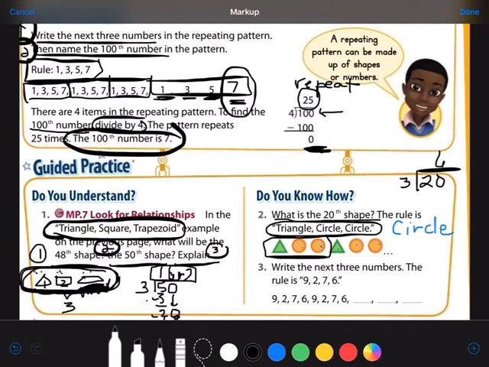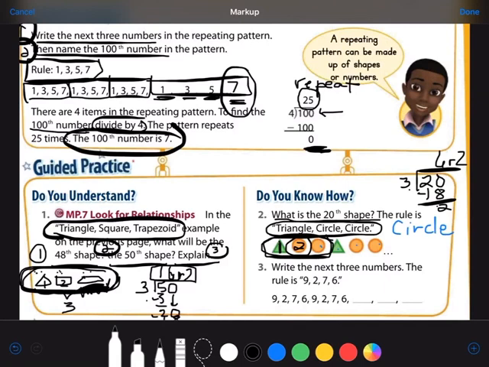It goes in 6 times. 3 times 6 is 18. Subtract, and I get 2. Remainder of 2. So I could make this pattern 6 times, and then 1, remainder 2. I still land on a circle. So I can either divide and use reasoning, or I could physically count it out like I did at first.